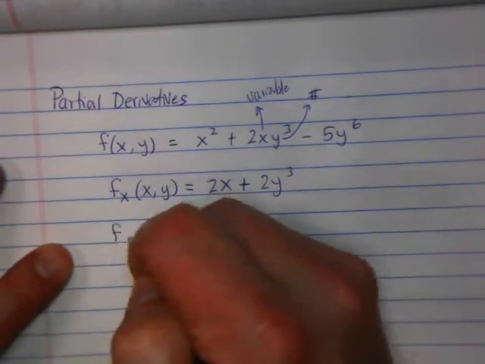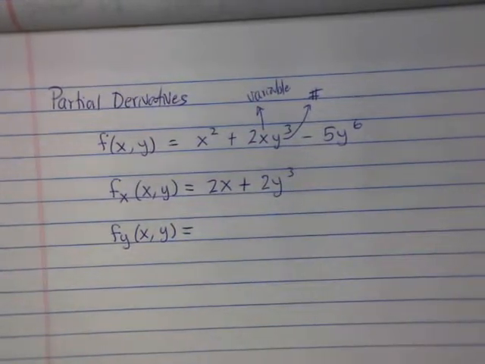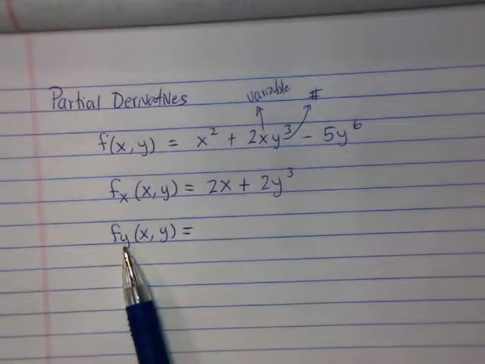Conversely, we flip it around. And sometimes we talk about f sub y. 0 plus 0 plus 6xy squared minus 30y to the fifth. Okay, so now we're thinking y is our variable and x is a constant.